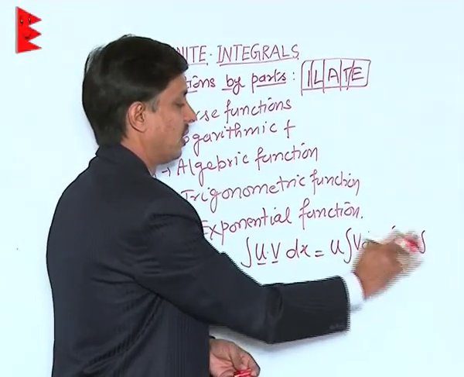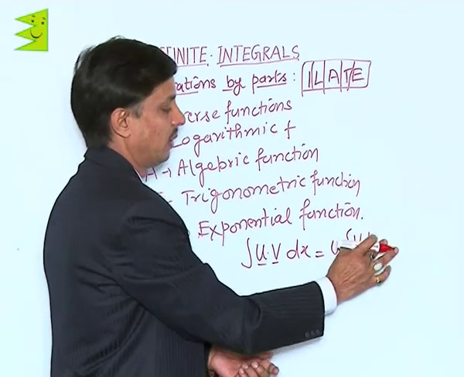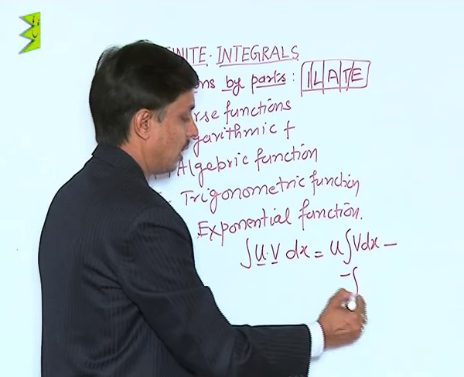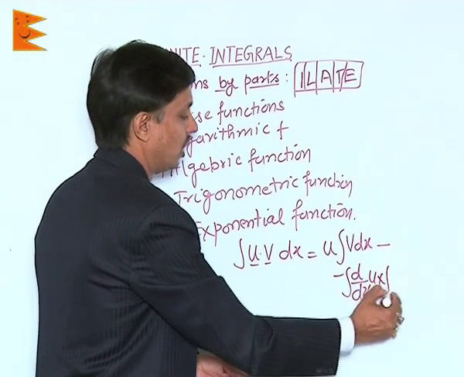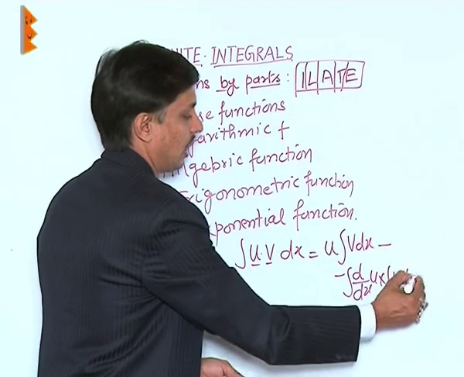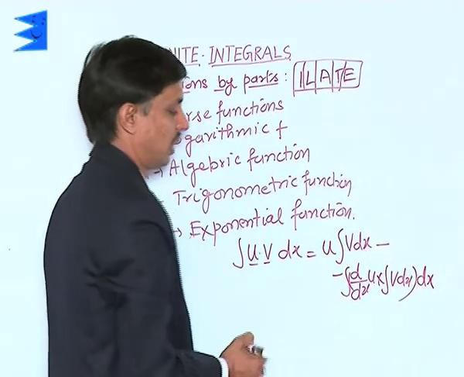Or I can write it here so you can understand: first into integration of second, minus integration of derivative of first into integration of second, and then again this value needs to be integrated.